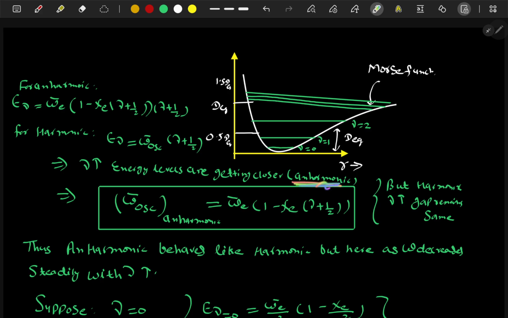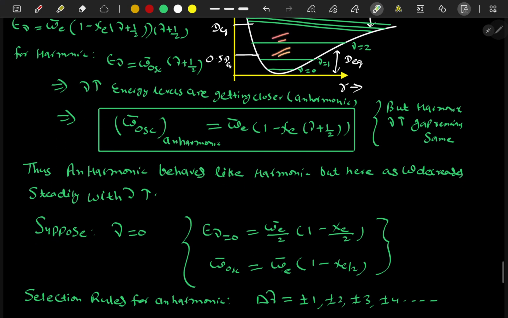This is anharmonicity. But for the harmonic oscillator, the gap remains the same: with increasing quantum number, the gap was omega between two successive energy levels. But here, as μ increases, energy levels get closer, like this in the diagram. It is not a perfect diagram, just a schematic diagram.